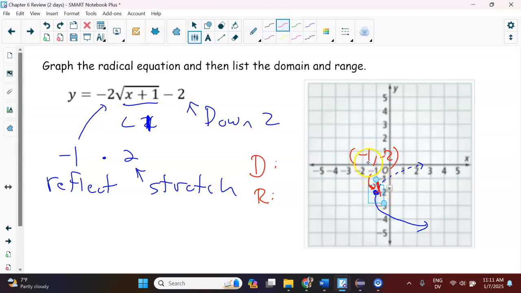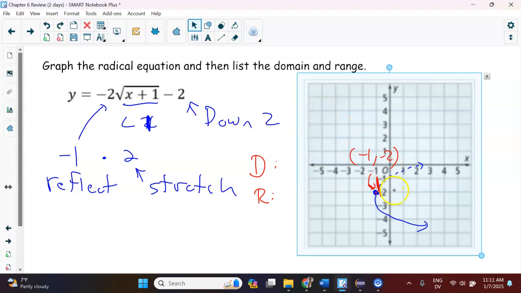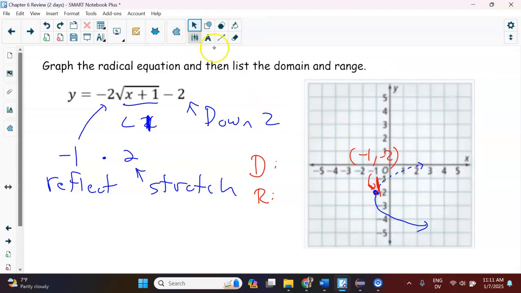You can see that in that vertex point too. So we start at negative 1 and then get bigger, as we go this way over. So x becomes 1, 2, 3, 4, 5. So the x numbers are bigger than or equal to negative 1.